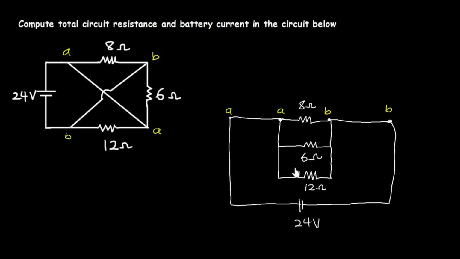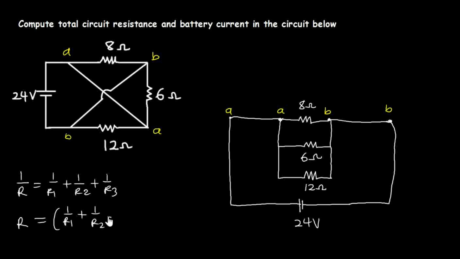So you can now calculate the effective resistance. The effective resistance equals 1 over R1 plus 1 over R2 plus 1 over R3, all to the power of negative 1. I'm going to use this formula here. Now let's substitute in the values.